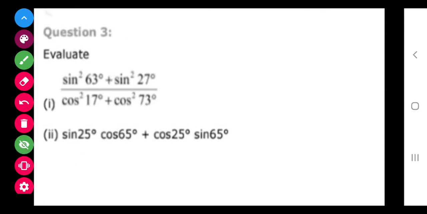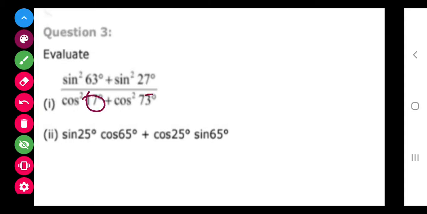Now next question, we have to evaluate this, we have to find the value of this. Now class, in this you will use the concept of the third exercise, that you will make these two angles the same. See, the sum of these two angles is 90, so this can be reduced to 63 or this can be reduced to 27 by using complementary formulas.